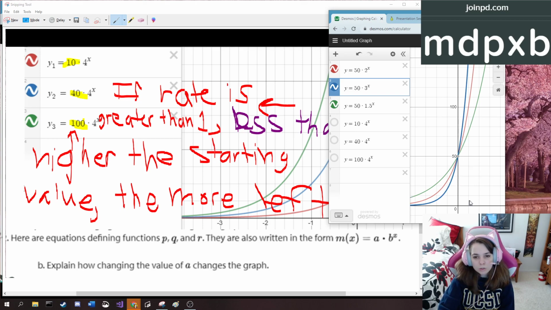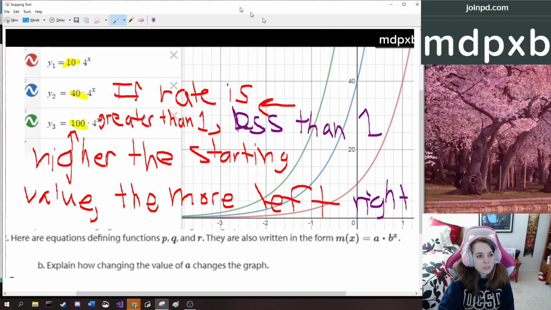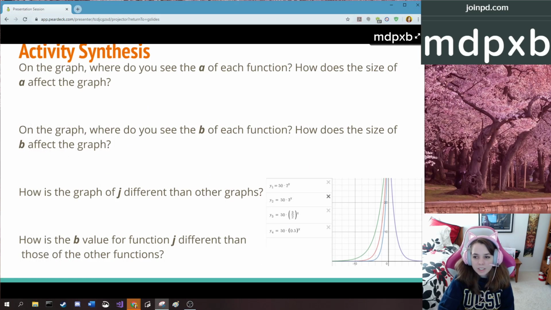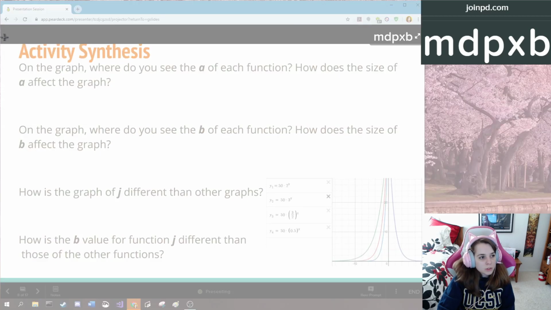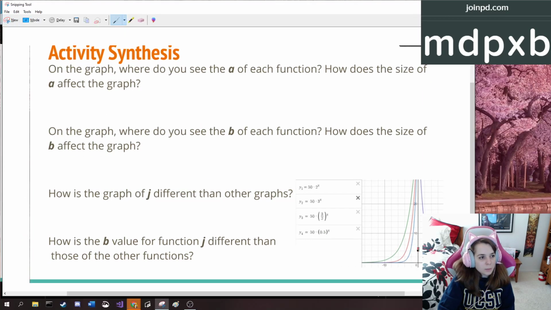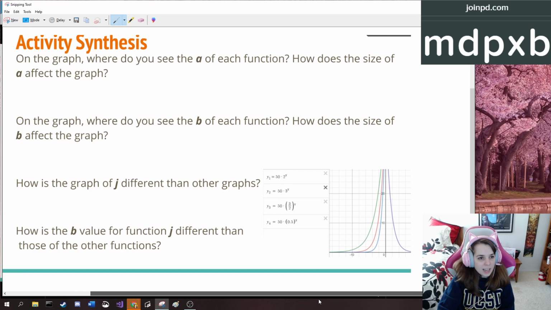So the starting value changes where it is left and right. Changing the rate will change the shape of the graph. To summarize that, on the graph, where do you see the A?